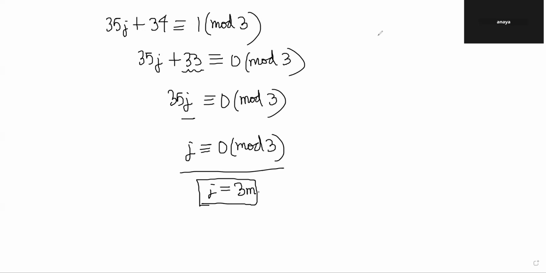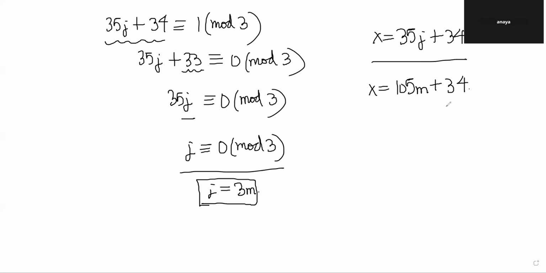And earlier we had x as 35j plus 34, right? We had gotten that from the previous two congruences. Now I'll put j equal to 3m. It will be 105m plus 34, right?